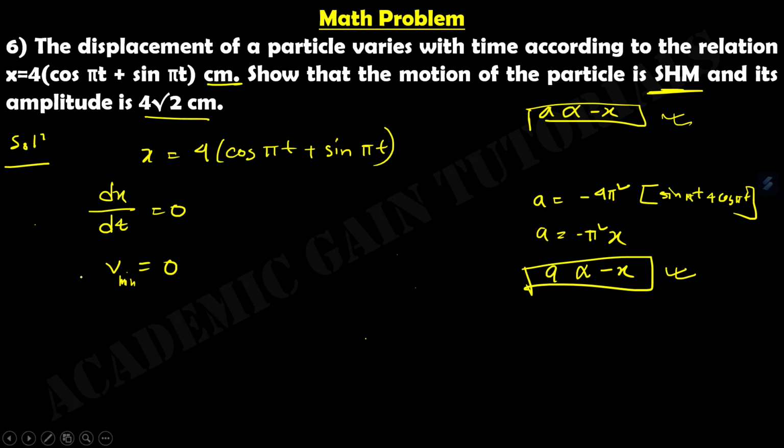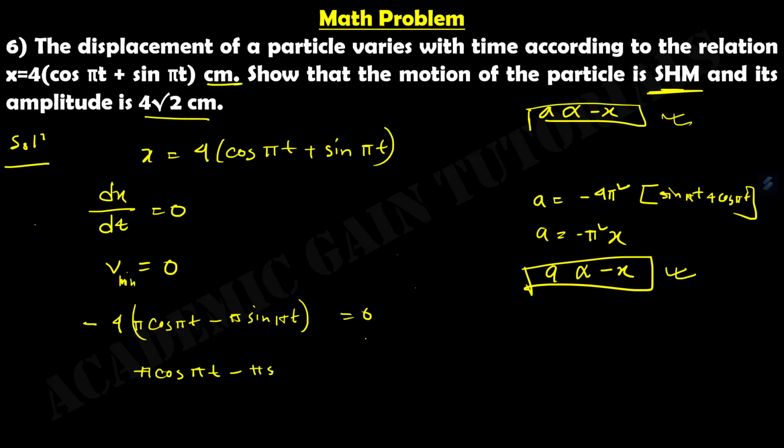So what equation do we derive from this velocity equation? This equation is 4 times minus pi sine pi t plus pi cos pi t, equal to 0. From that we get pi cos of pi t minus pi sine of pi t is 0, or cos of pi t equals sine of pi t.